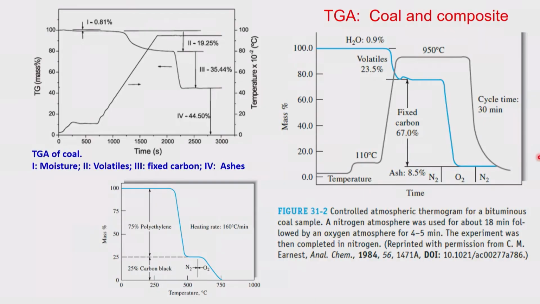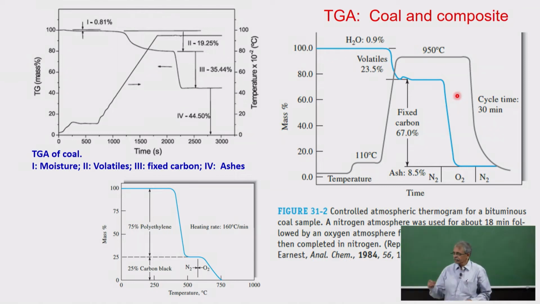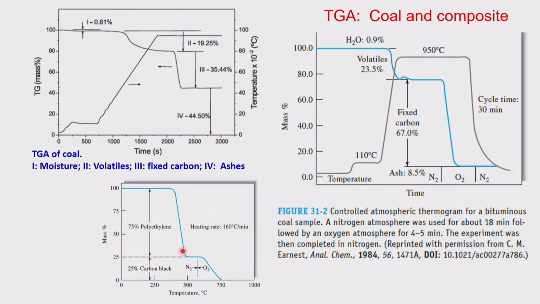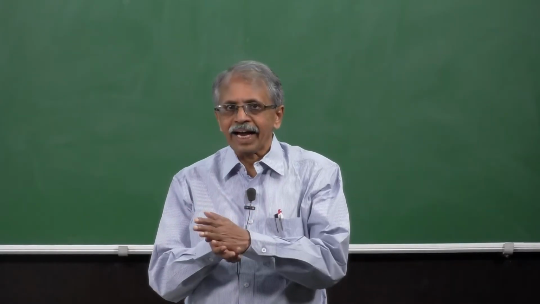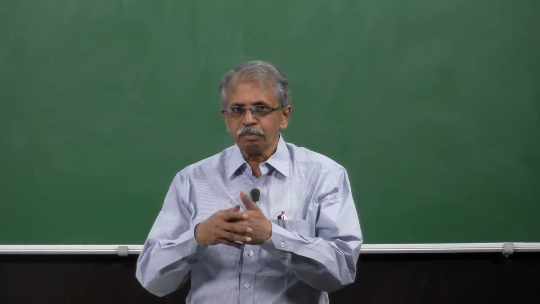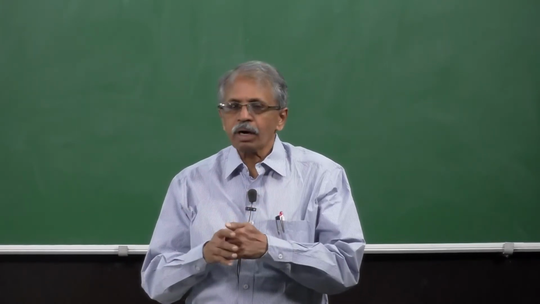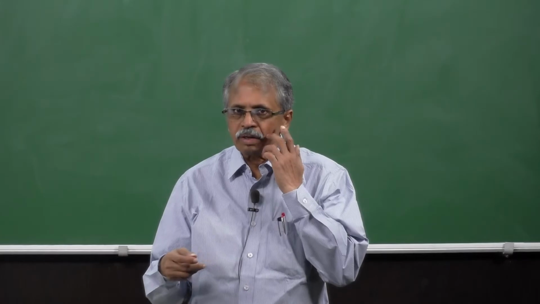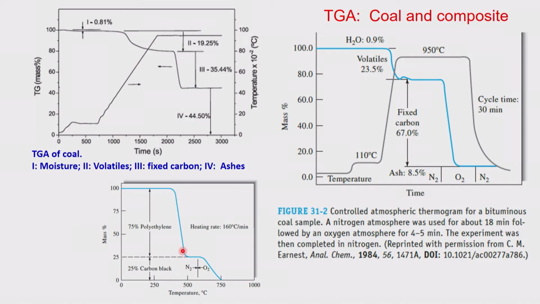And if you want, you can attach the products coming out to a mass spectrometer and analyze them, which I have already explained to you earlier. Okay, here is an example of putting a polymer into carbon black. That means you make a composite, like a carbon composite or graphene composite or graphite composite, those kinds of things. The composite here is with polyethylene, which is a polymer.